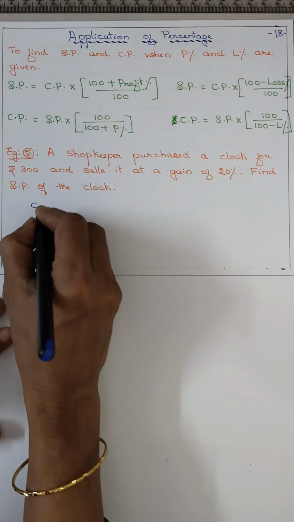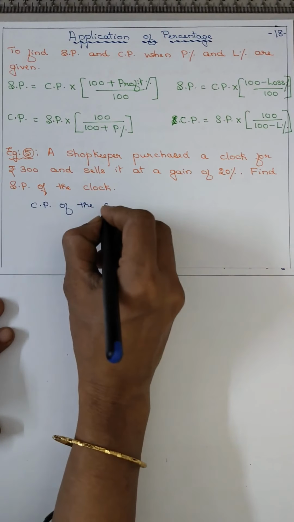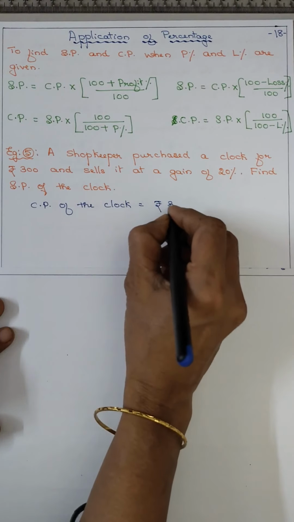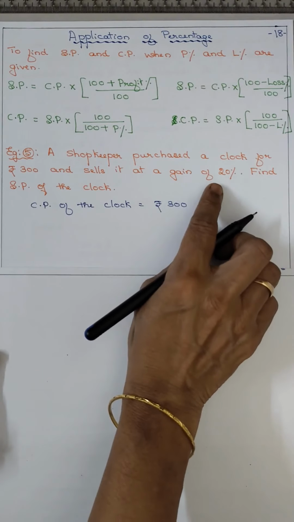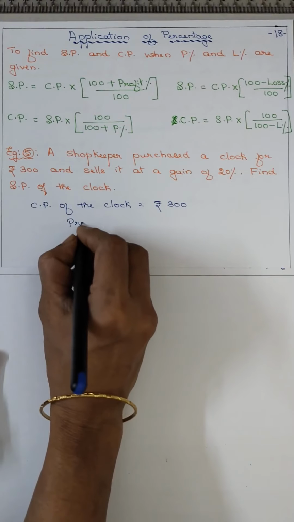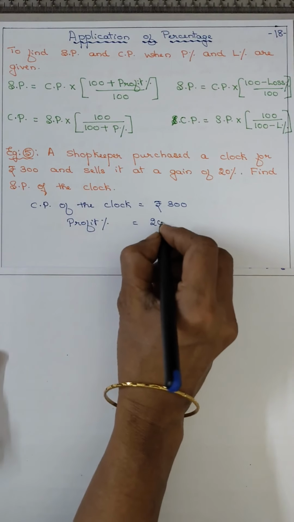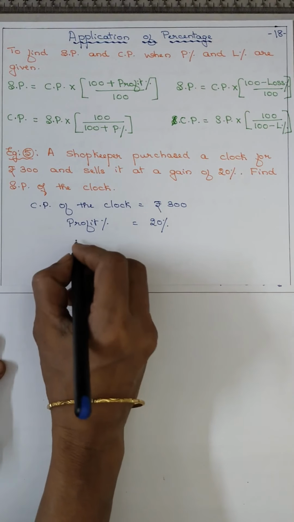So, CP of the clock is equal to rupees 300. Now, he sold it at a gain of 20%. That means profit percent of 20%. Now, they have asked you to find out the SP.